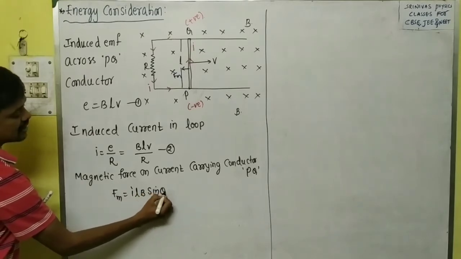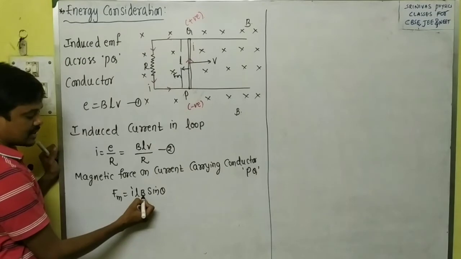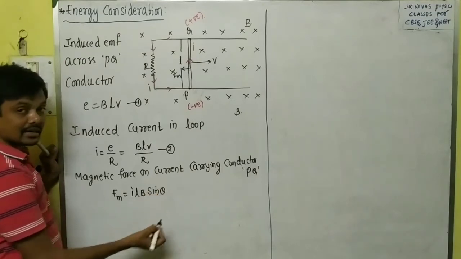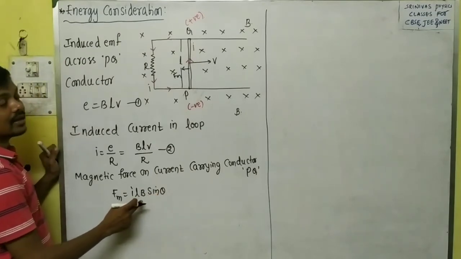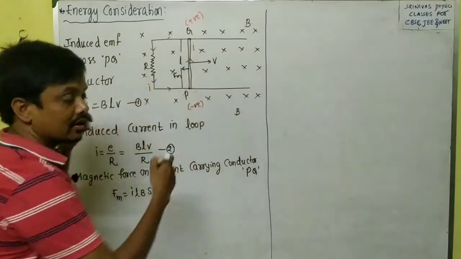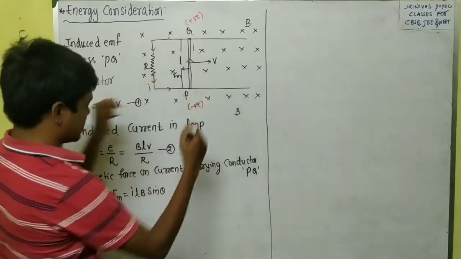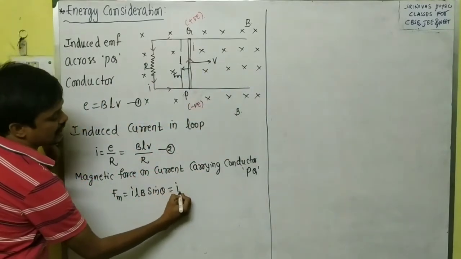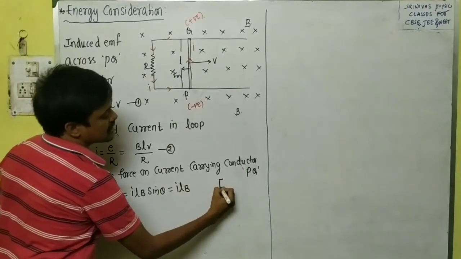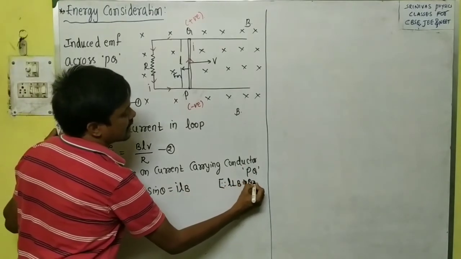L is the length and B is the magnetic field. Theta is the angle between L and B. L and B are perpendicular. L is like this, B is inward. They are perpendicular like this. Then we write it as ILB only, because L perpendicular to B implies theta is 90 degrees.